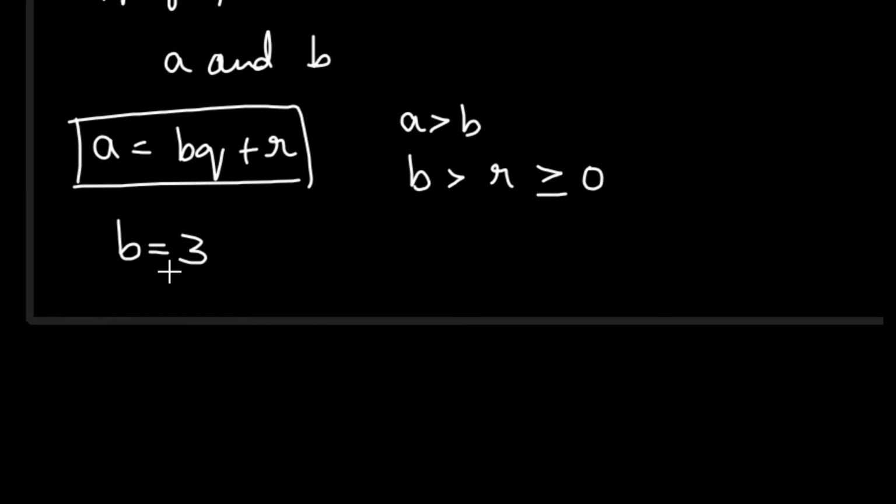अगर b 3 है, then r is less than 3 and greater or equal to 0. मतलब r की जो वैल्यू है, it's between 0 and 3. That is, it can be 0, 1, 2.